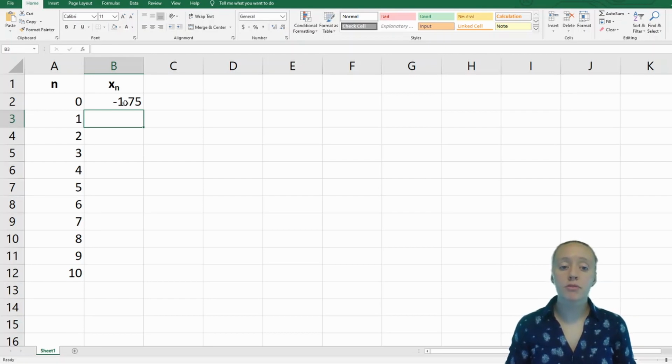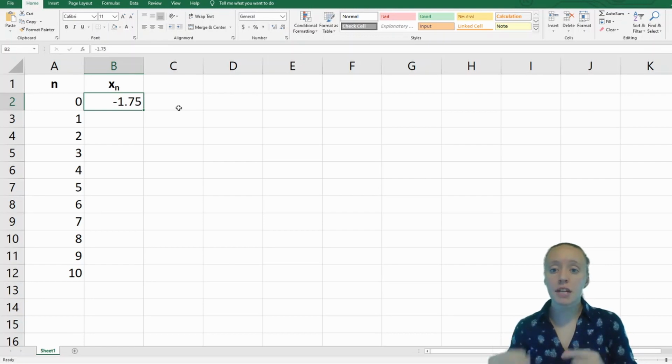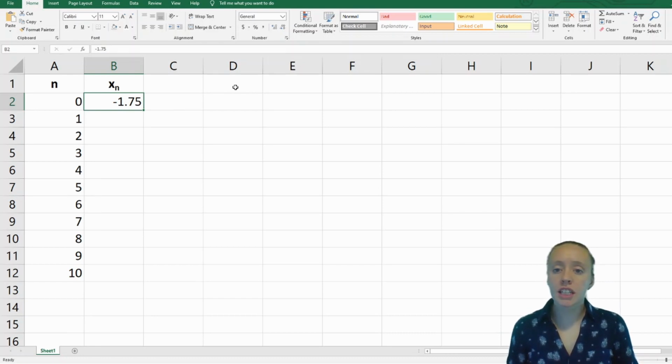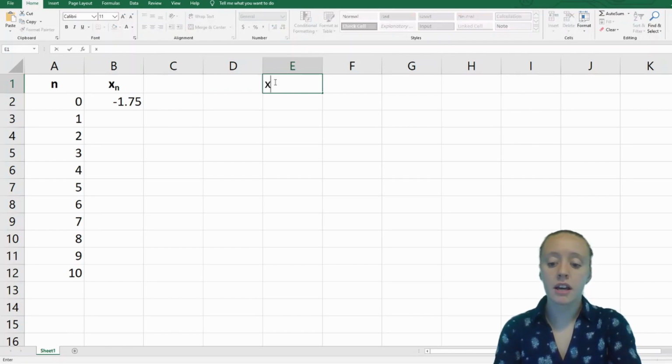Now remember, my formula is x sub n minus my function value at x sub n all over the derivative at x sub n. So just to keep things in line, I'm going to go ahead and rewrite my function value and its derivative. So remember, our function was x cubed plus 2x squared minus 1.